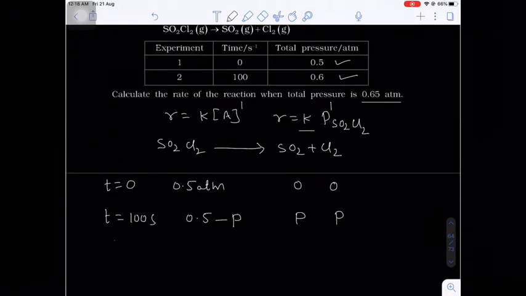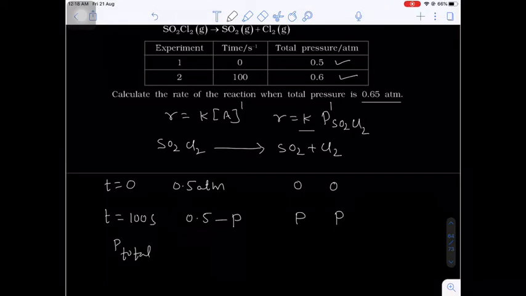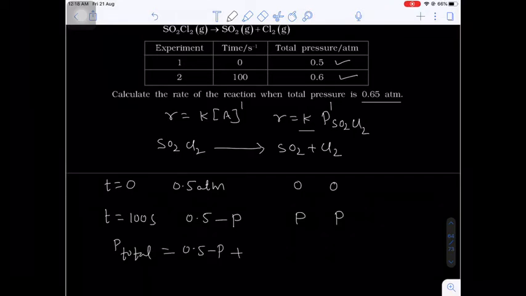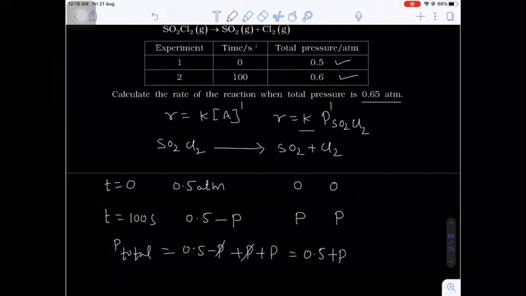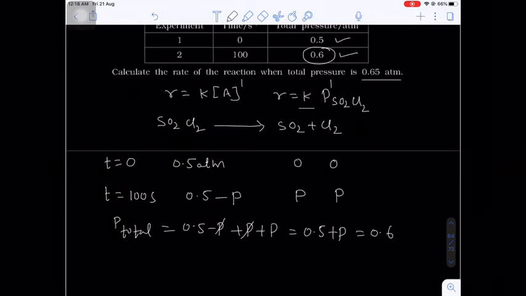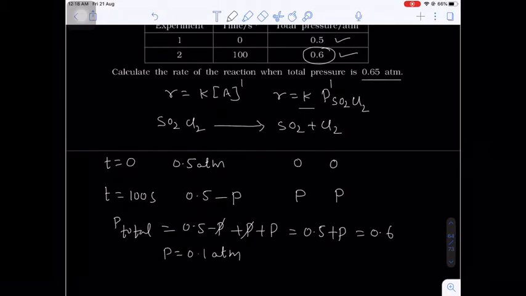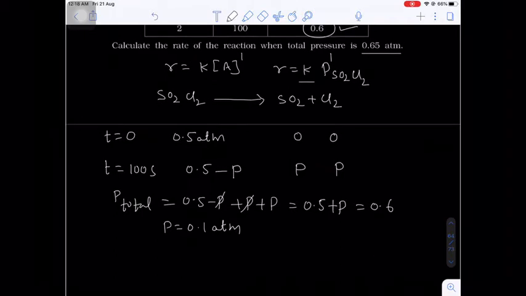What will be the total pressure at 100 seconds? 0.5 minus P plus P plus P. Plus P minus P gets cancelled, 0.5 plus P. But in the given data, the total pressure after 100 seconds is 0.6 atm. From here the P value will be 0.1 atm.